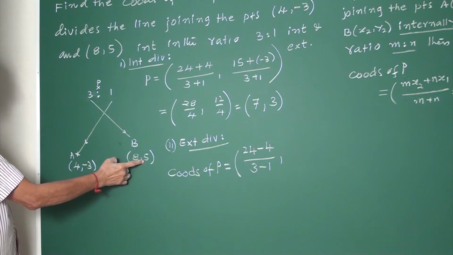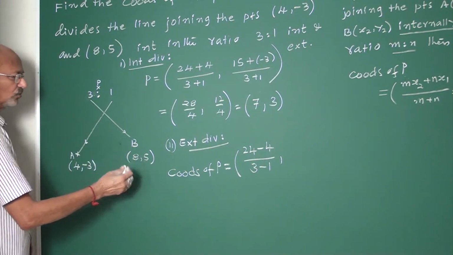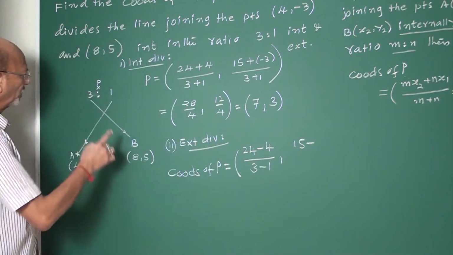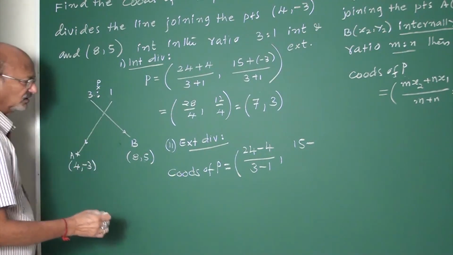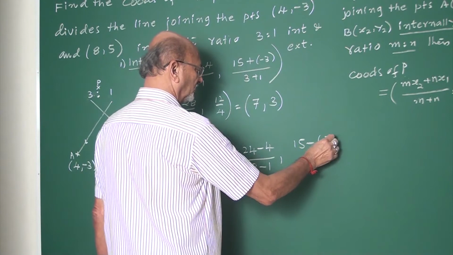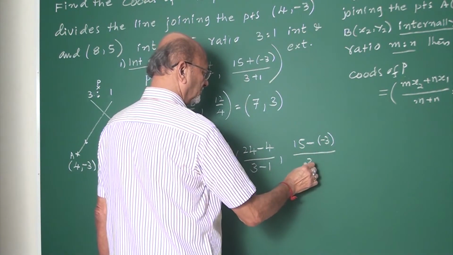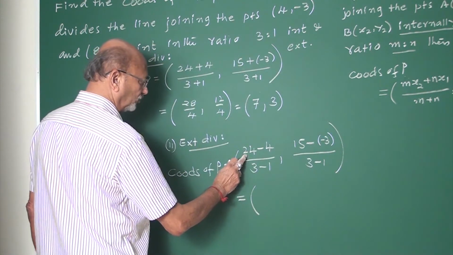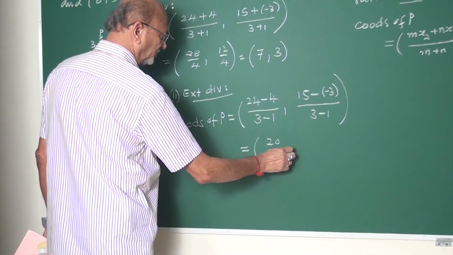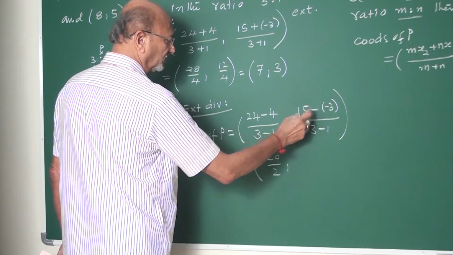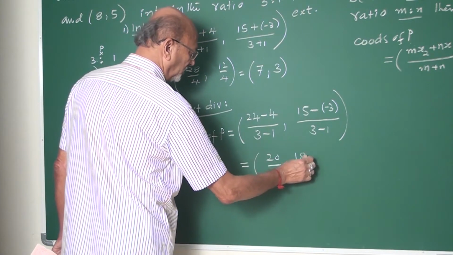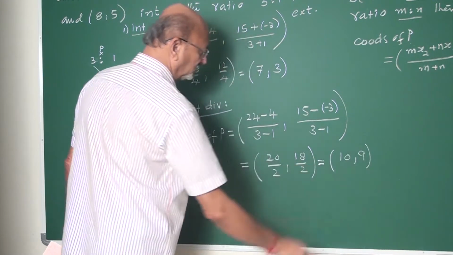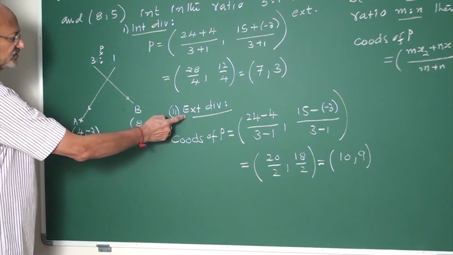My2, y coordinates means respective y coordinates, my2, 15, minus ny1, minus 3. Denominator is 3 minus 1. It is 24 minus 4 over 3 minus 1, 15 plus 3. 15 plus 3 is 18 upon 2. What is it, my friend? It is 10, 9. This is external division.